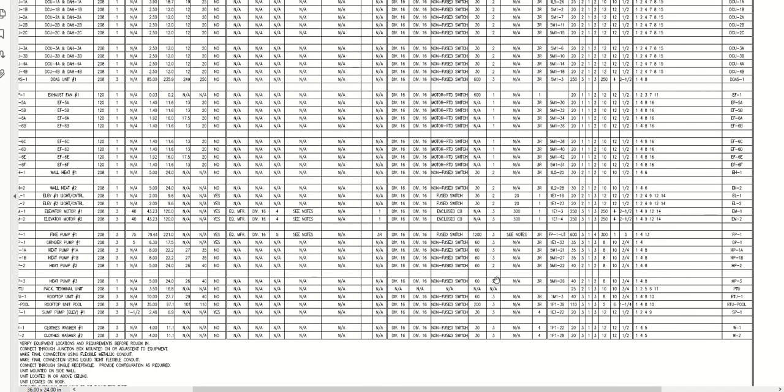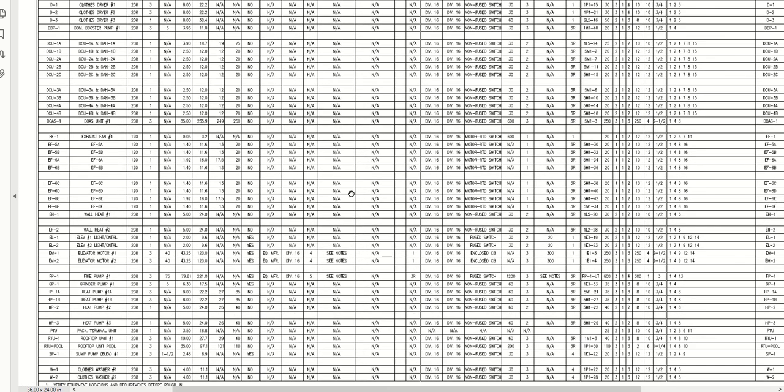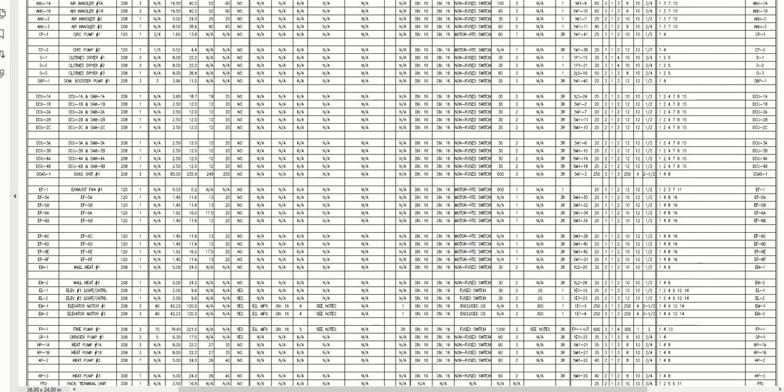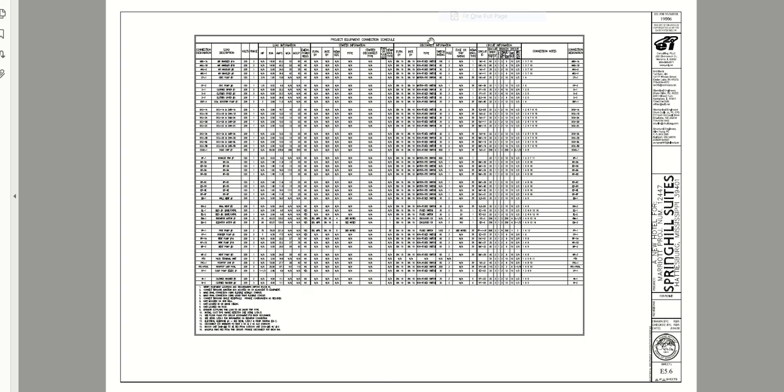And again, everything we'd want to know about each of these pieces of equipment should be contained in here, from what circuit it's attached to, what size pipe and wire we run to it, if it needs a disconnect and what kind. So a lot of information here, and once we match that up with the tag, we should be able to figure out everything we need to know about each equipment connection.